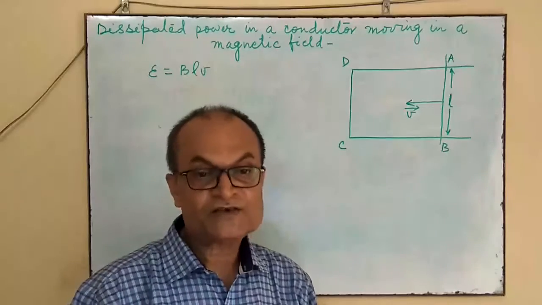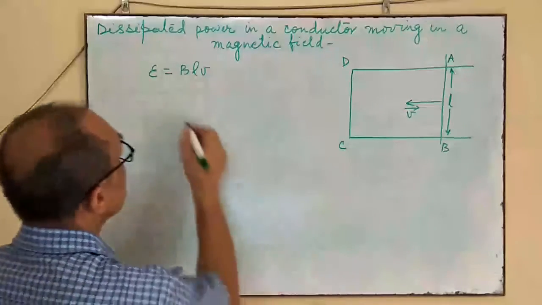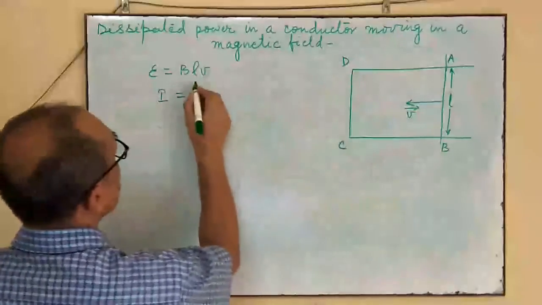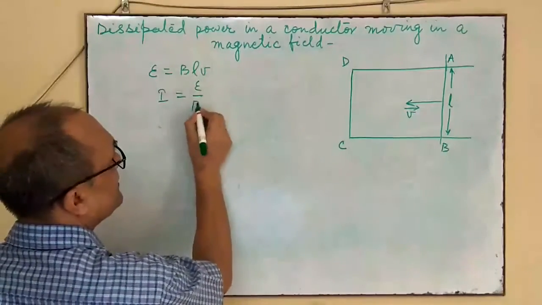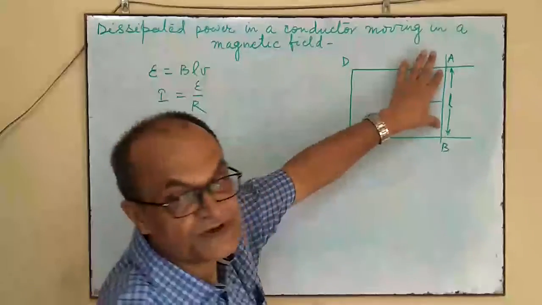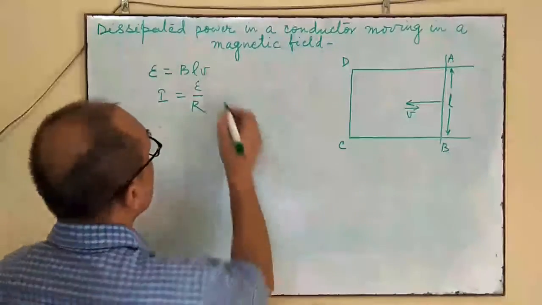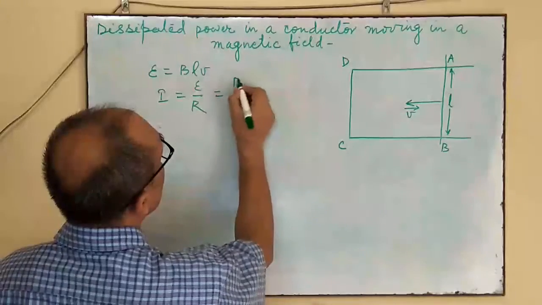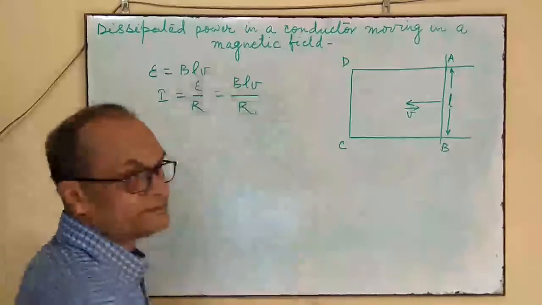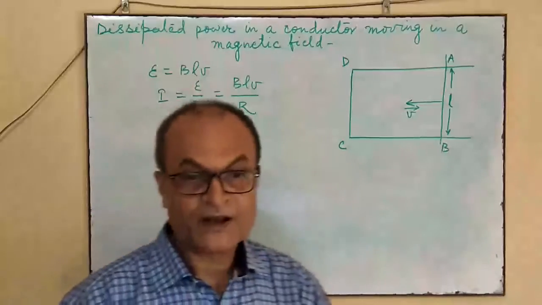Now the value of the induced current in this arm AB is this EMF divided by R, where R is the resistance of AB. So we can write it as BLV by R. I think it is very clear.